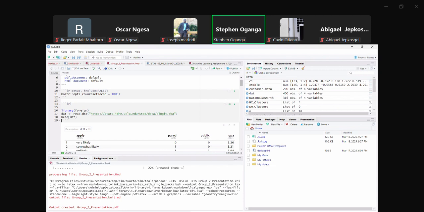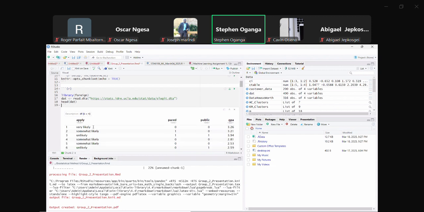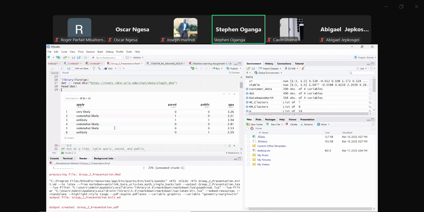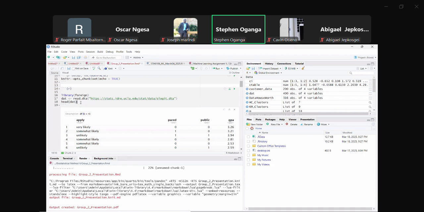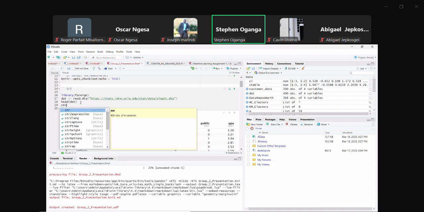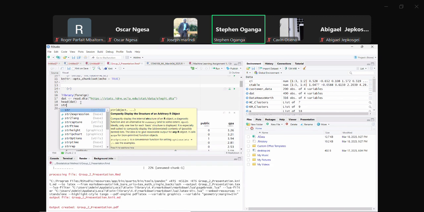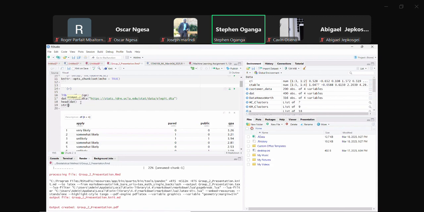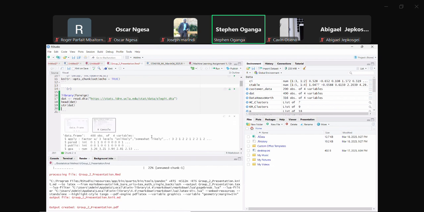And then these are the first few lines of that data. And then if you want to know the number of observations that we have, we can use the str function. So we have 400 observations.